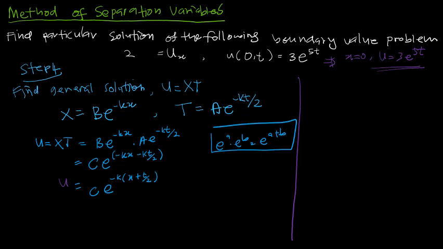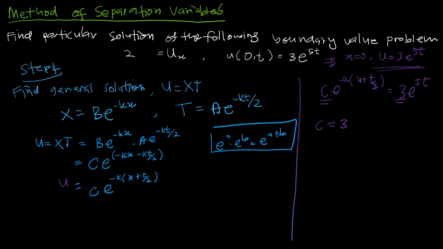So we have c e^(-k(x + t/2)) equal to 3e^(5t). Because we have a similar coefficient, we can simply say that the value of c here is actually equal to 3. So we get the value for c.